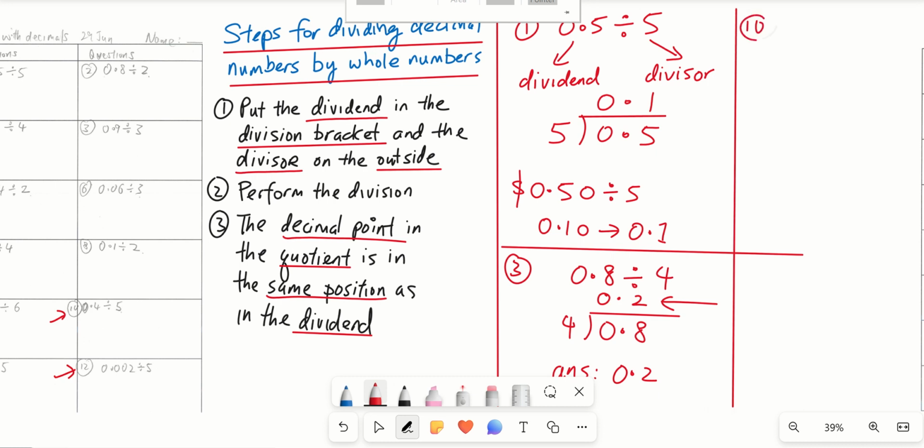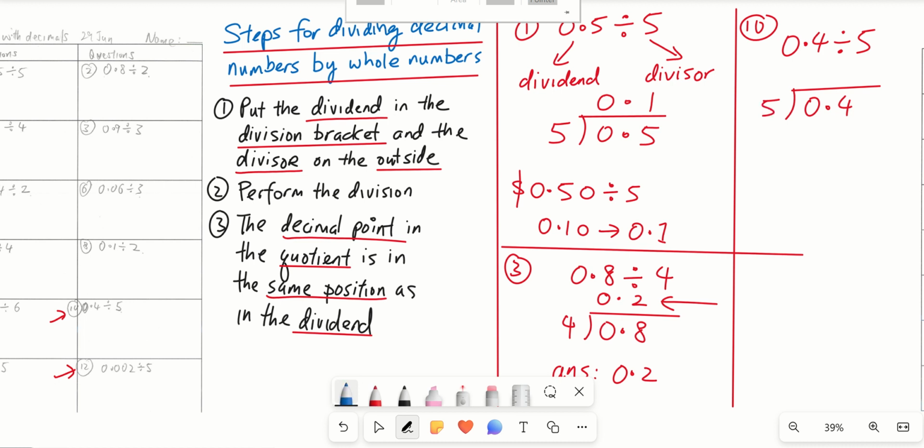So again, we put the dividend in the division bracket. We have 0.4, and then we have 5 on the outside.